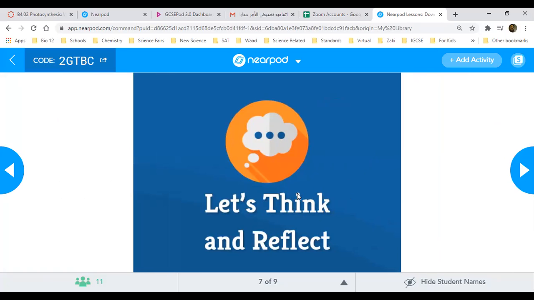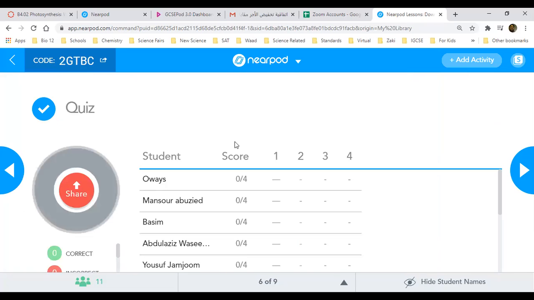Let's think and reflect. Is this appearing the same on your screen as well? Yeah, it just says let's think and reflect. Doesn't show any answers or questions. Okay, hold on. Now, does it show anything on your screen? Yes. Now it says the first stage of photosynthesis begins in a chloroplast where pigment molecules change. And do I answer? Yes, you start. Everybody, please start answering the quiz. Take your own time, and let's begin.